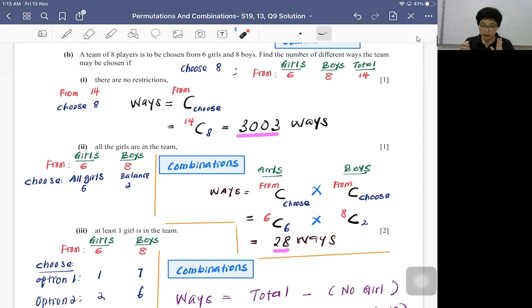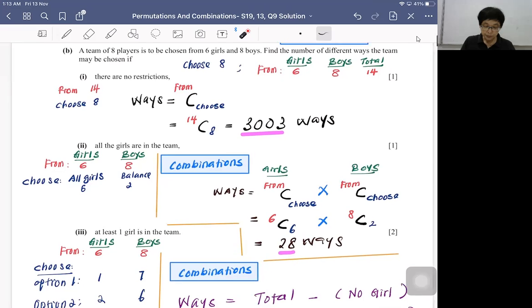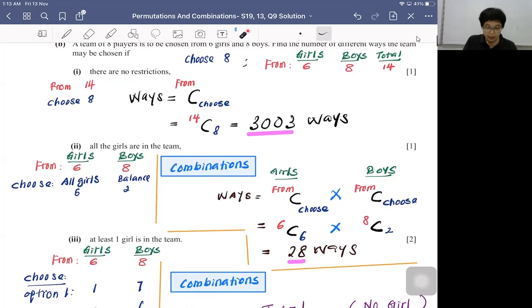With that condition, out of the 3 tools, you are still going to use combination, because the order of who is chosen into the team doesn't matter. Therefore, now we look at the condition given to us, and I display it here. From 6 girls, 8 boys, the condition restricts you so that all girls must be chosen. By all means, they are compulsory to be chosen.